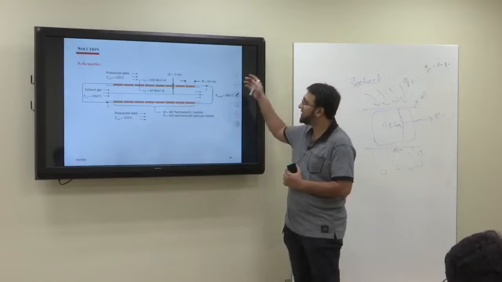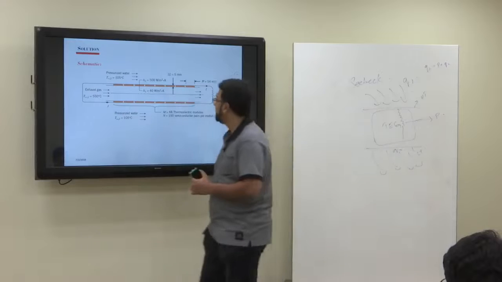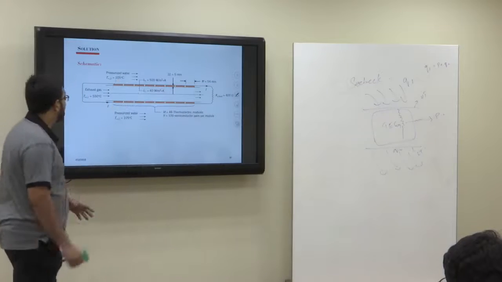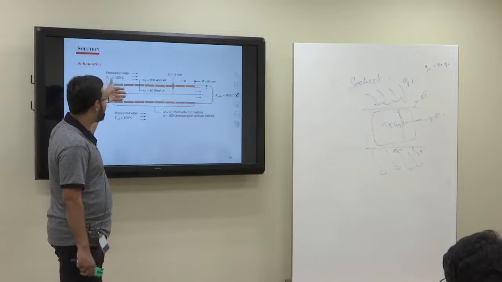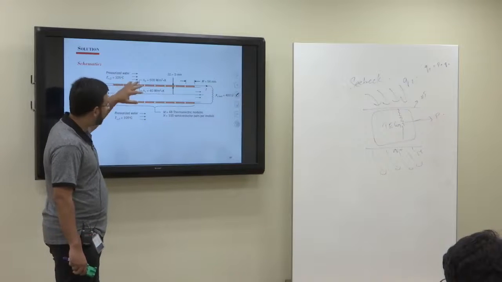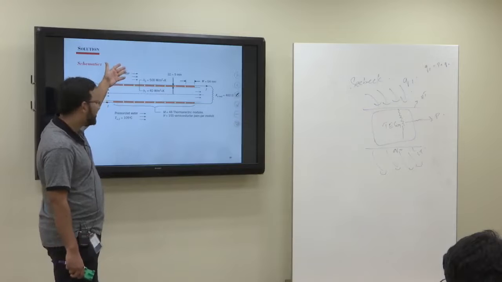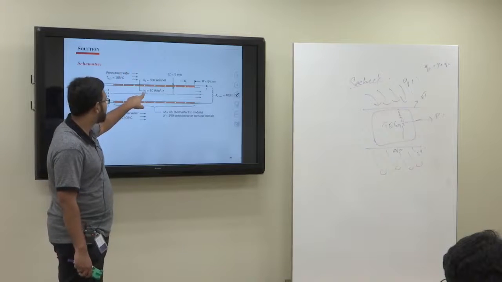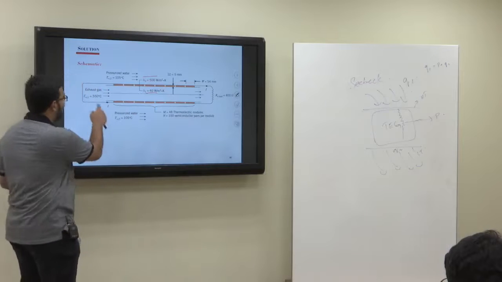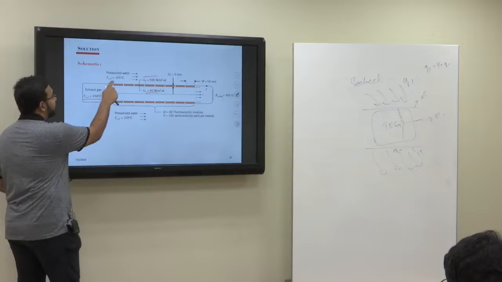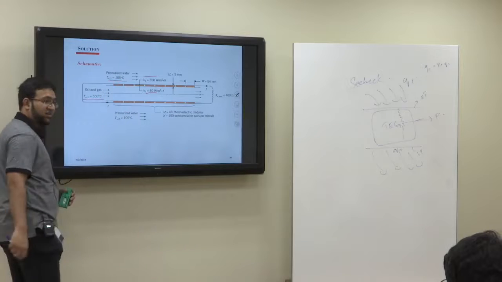Okay, so that's the schematic diagram here. This is the exhaust pipe. The hot side will be inside the pipe, cold side will be outside. So hot side will have H1 given, cold side H2 given. Hot side temperature 550 degrees centigrade, cold side temperature 105 degrees centigrade.